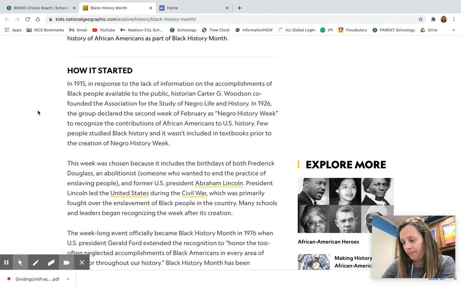A historian, which is somebody who studies history, named Carter G. Woodson, I think was his name. I'll look back in a second and double check. I think it was Carter G. Woodson. A historian named Carter G. Woodson noticed that information about Black history was not available to people who were interested.